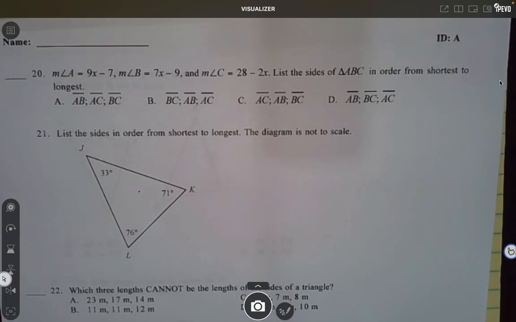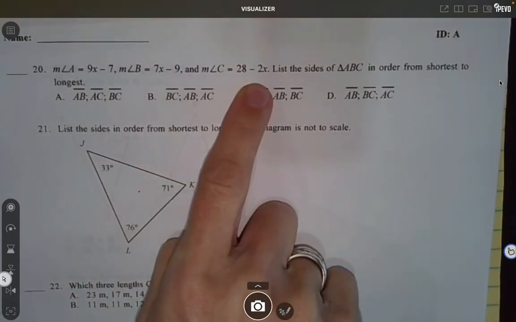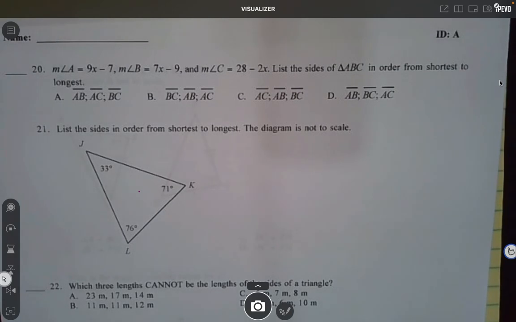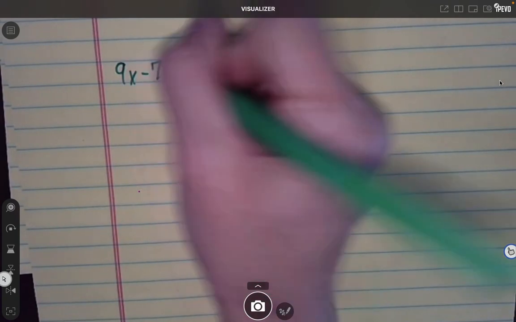So listen. I have 3 angles in a triangle. Do they give me these 3 angles? A, B, and C. What do 3 angles in a triangle add up to? 180. So I'm going to take my first angle, 9x minus 7.